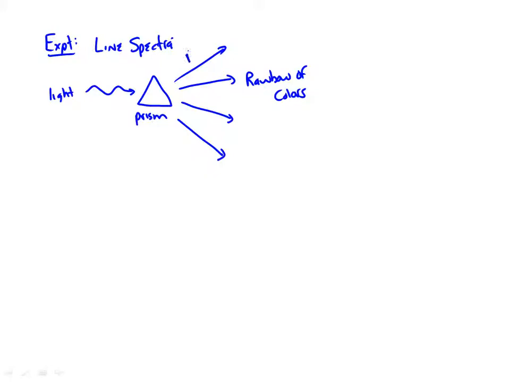The idea is, up here might be blue, and down here is red, and somewhere in between is green. I don't care if I have the colors in the right order. The idea is that it predicts this rainbow of colors.